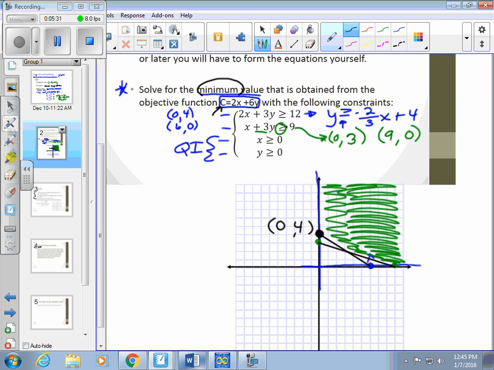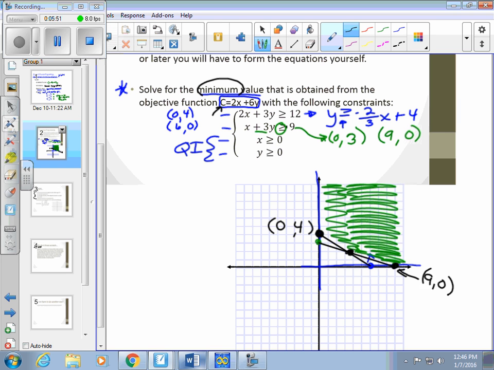Another vertex of the region is right here, and another is right here. We know this one as well. That was over 9 and up 0. So of my vertices, I have 9, 0, and I have 0, 4.